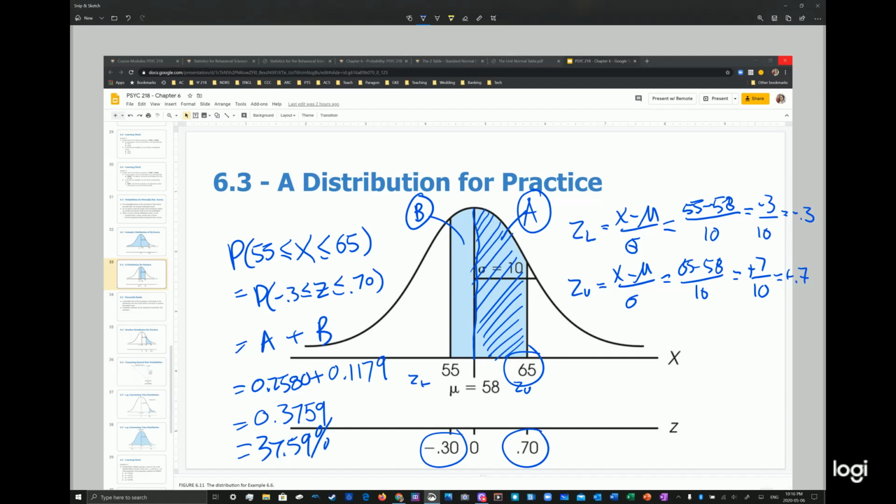And again, the only way we could do this is first transforming the raw scores, x values, into z scores, and then using the unit normal table for us to find the corresponding probabilities.